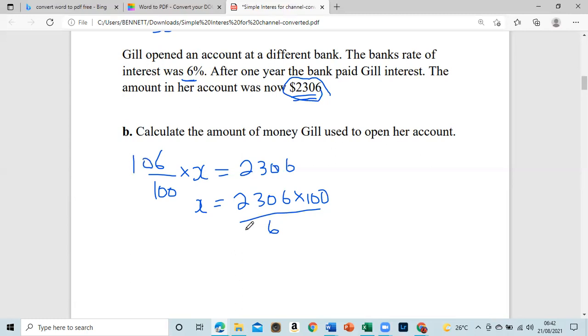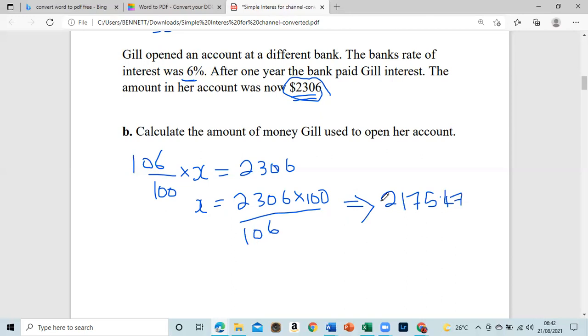So this will be 106. After putting this into the calculator, he invested 2,175 and some cents, which is 47 cents.